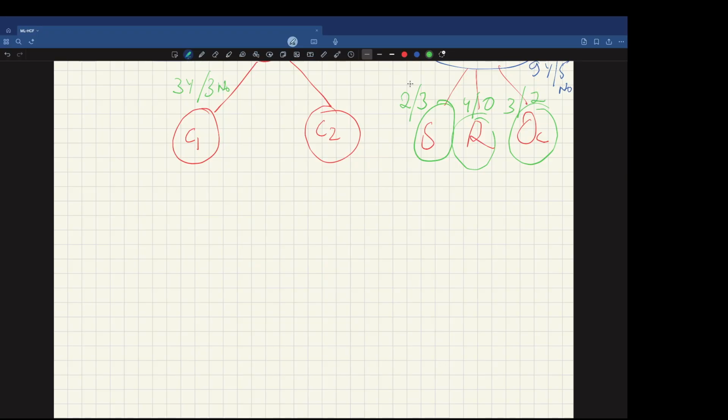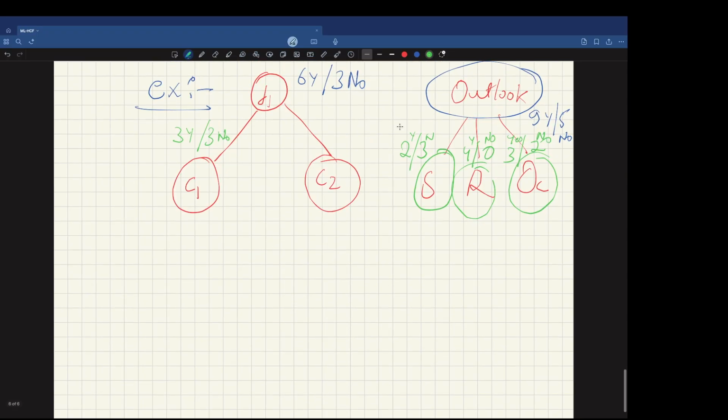So 2 yes, 3 no, 4 yes, 0 no, 3 yes, 2 no, right? This was the case. We'll do this for Outlook only, right guys? Leave this feature. But because I want to teach something, let it be here only.